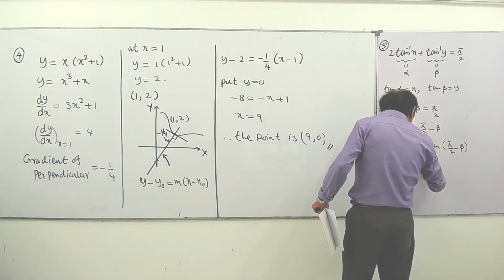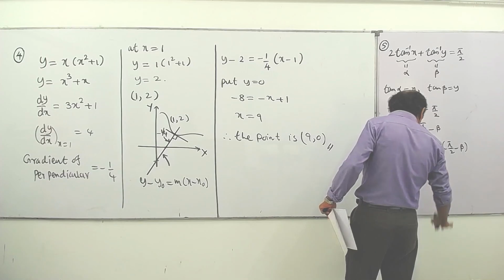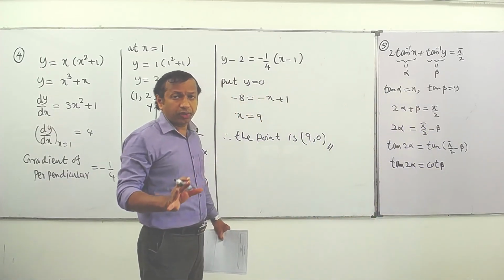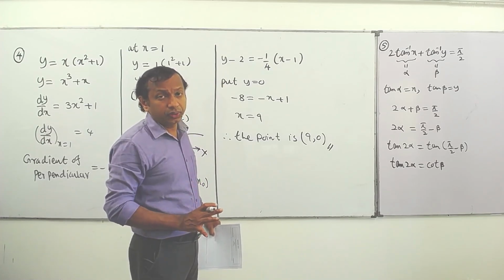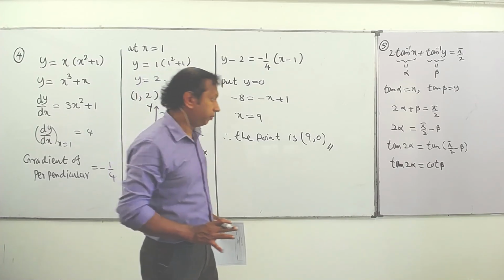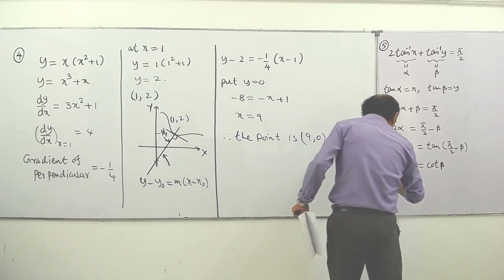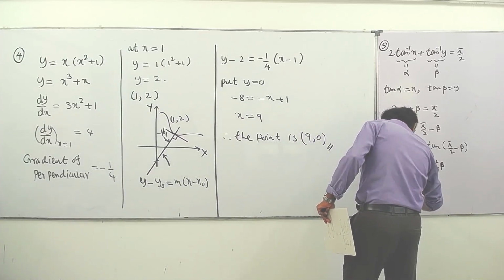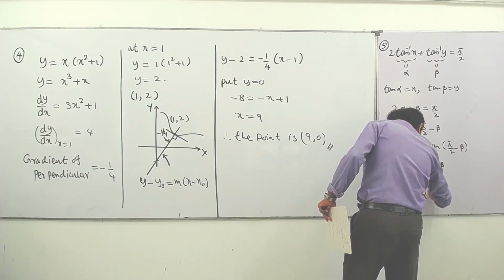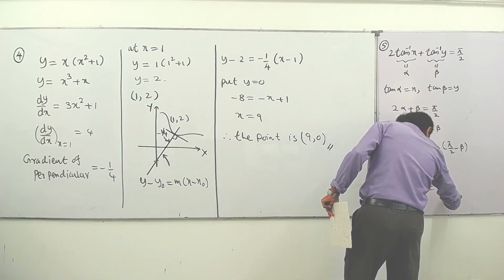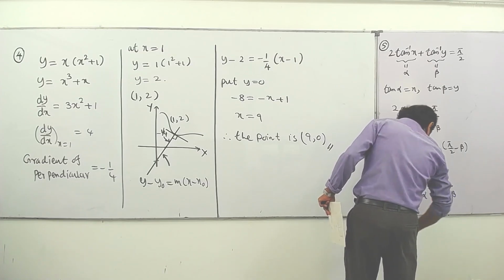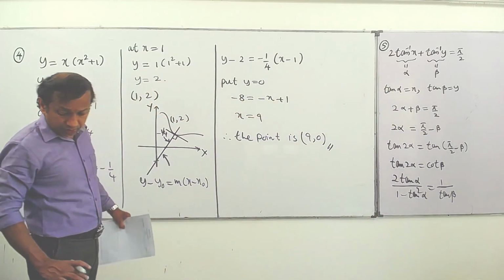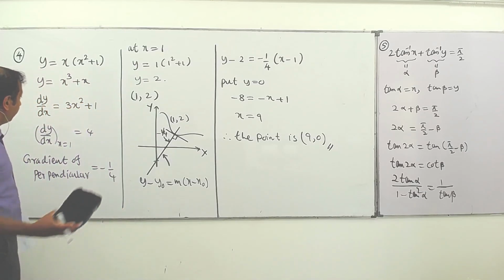Tan 2 alpha is equal to cot beta. Right, you know, tan 2 alpha we can write as 2 tan alpha divided by 1 minus tan squared alpha, right? Cot beta you can write as 1 over tan beta. Now we can substitute for tan alpha and tan beta and simplify. You get this answer.